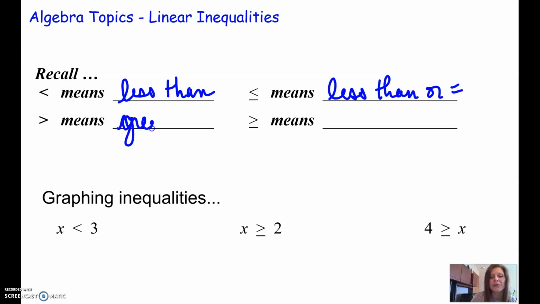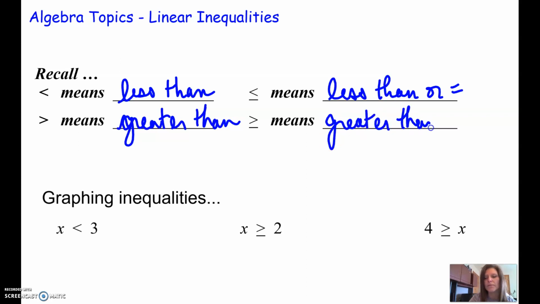If I can spell, there we go, greater than. And again, if it has the line, it means greater than or equal to. So pointing to the left, less, and pointing to the right, greater. So L's left and less, and greater, it's got the R, goes to the right.